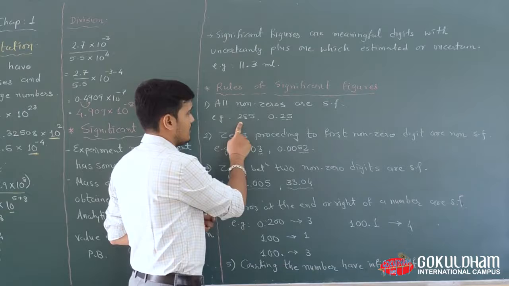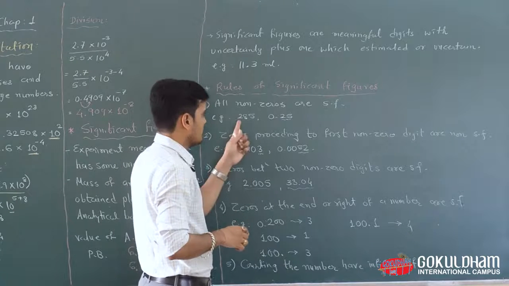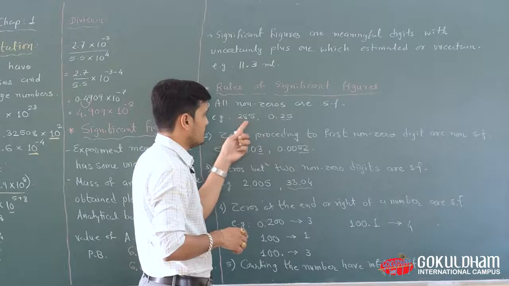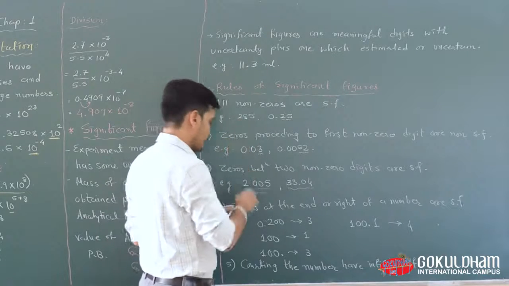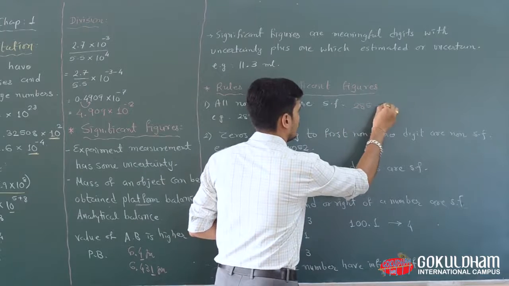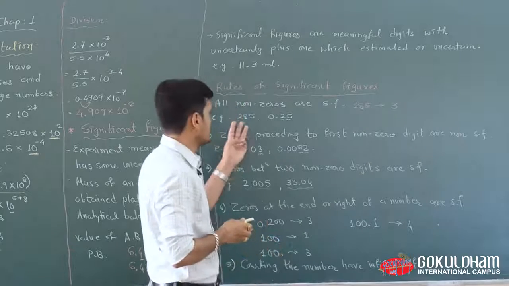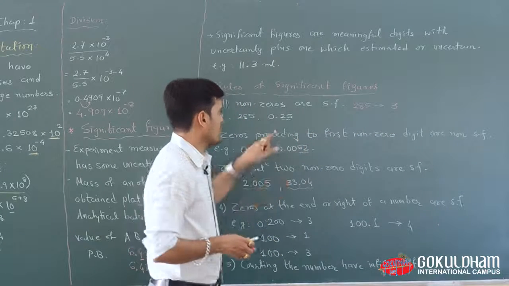In this example, our first example is 285. This 285 does not contain any zero. So this example shows 285 has 3 significant figures, means 3 digits, so we put here 3.